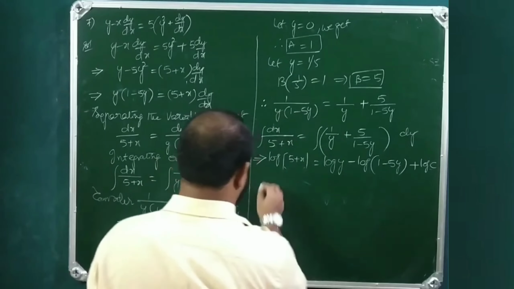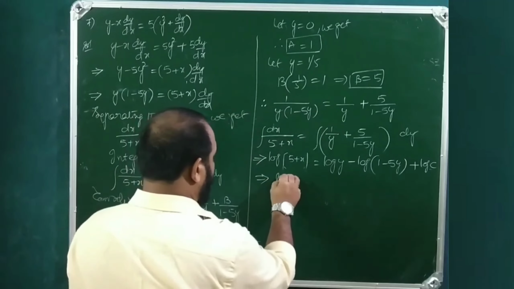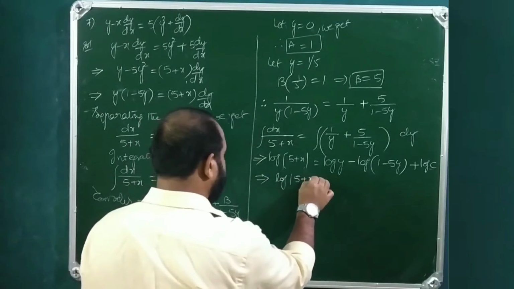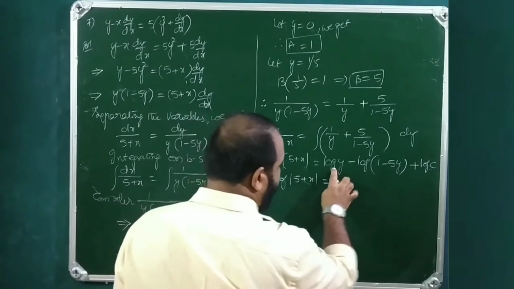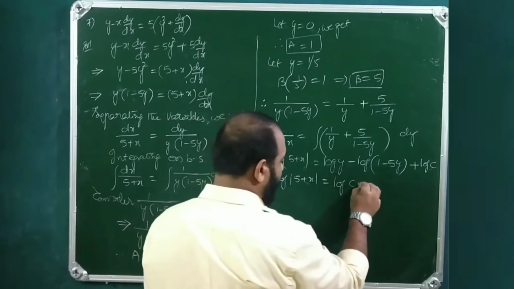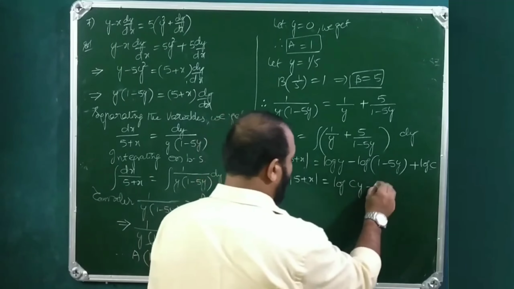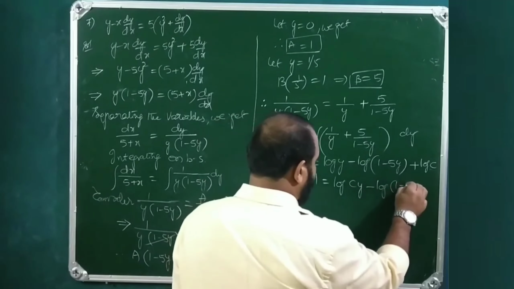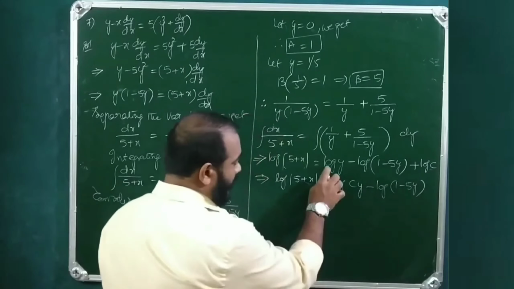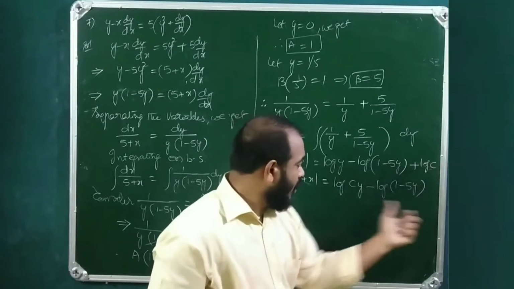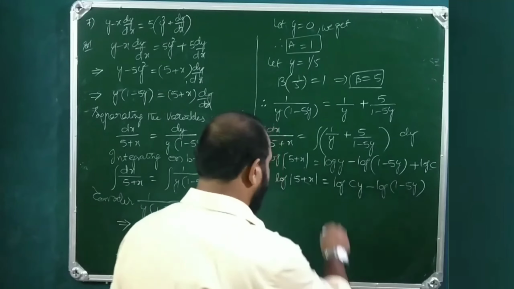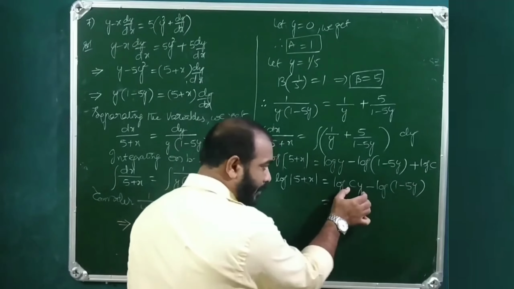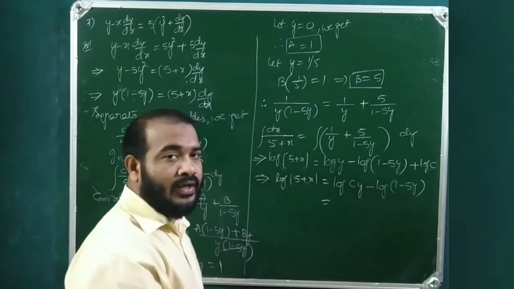This is equal to log (5 plus x) is equal to, this is log a plus log b, so log ab: log cy minus log (1 minus 5y). Log a plus log b is log ab, and log a minus log b is log a by b.